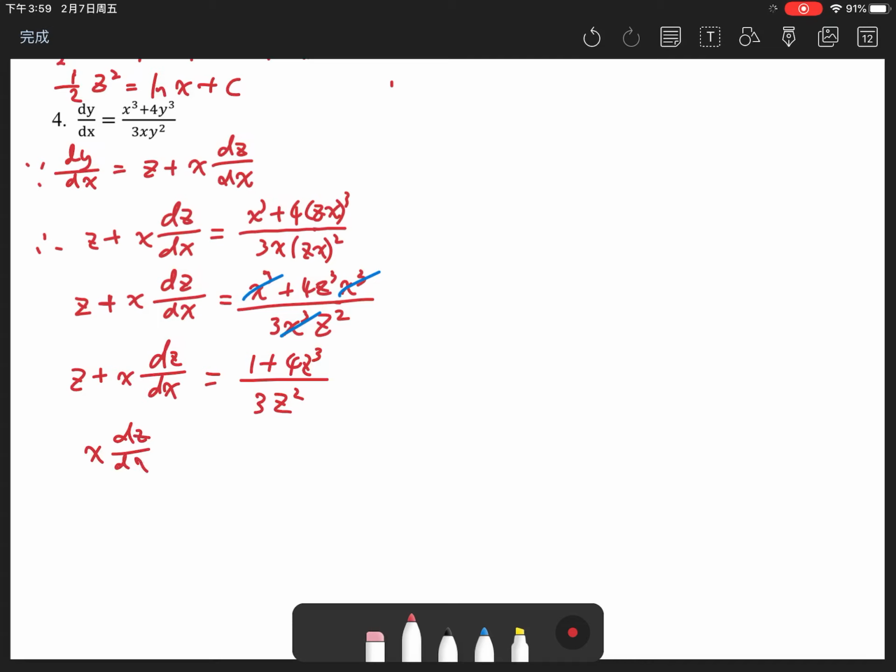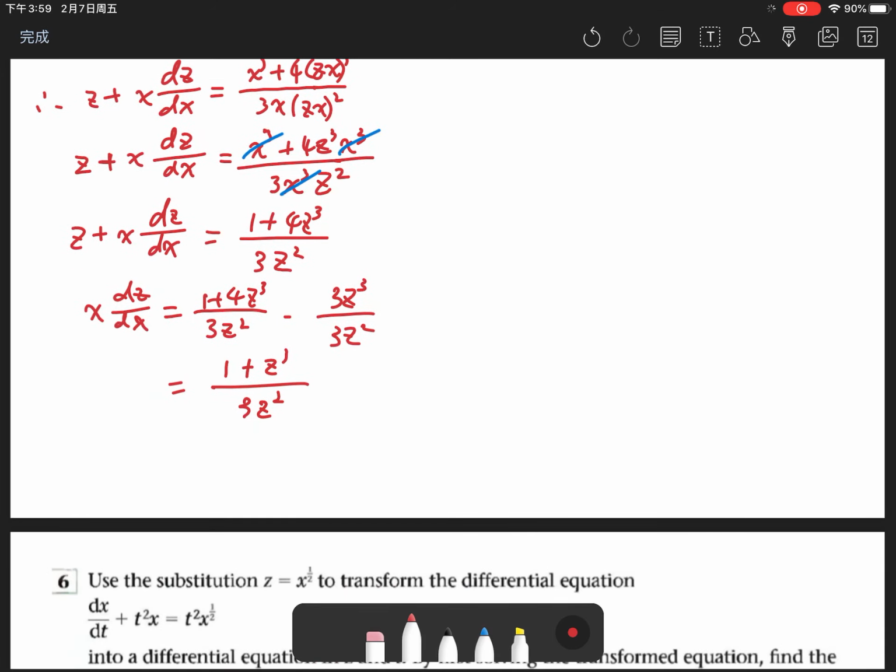Then we continue to simplify, grouping the terms with z together, and finally it is 1 plus z to the power of 3 over 3z squared.